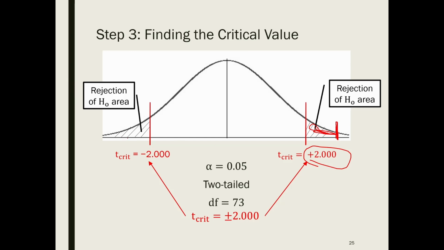Or if it's on the negative side, less than -2 on the left side, any t obtained in this area, then we are also going to reject the null hypothesis. However, if the t obtained is somewhere in the middle, let's say 0, 1, even 1.5, then we fail to reject the null hypothesis. That means we have to accept the null hypothesis.